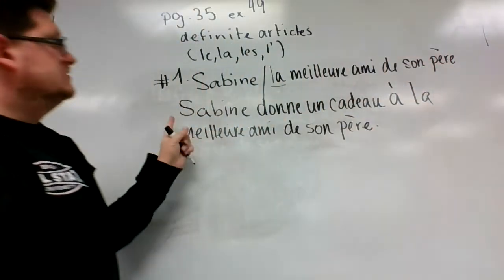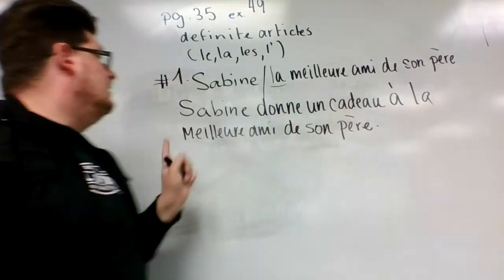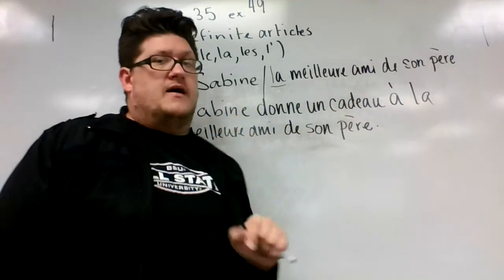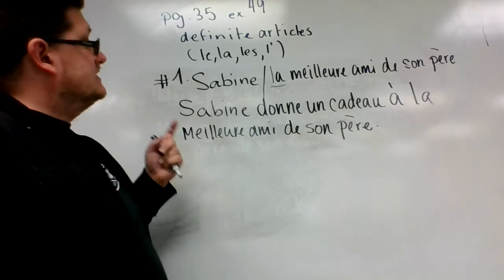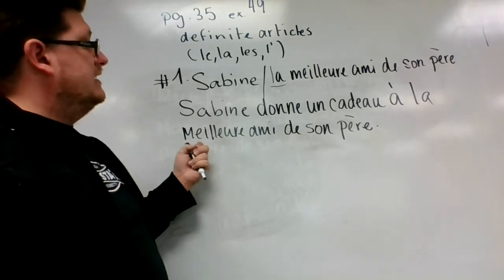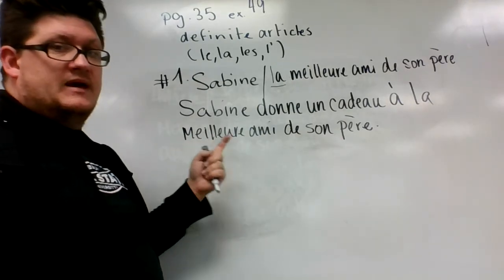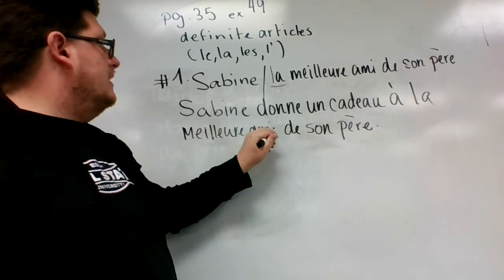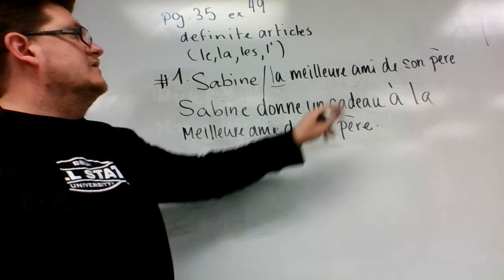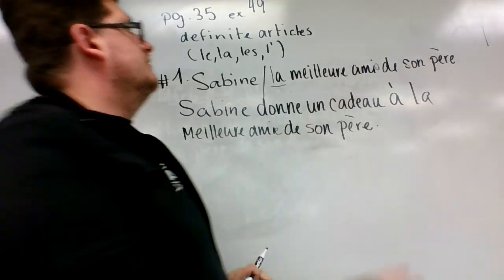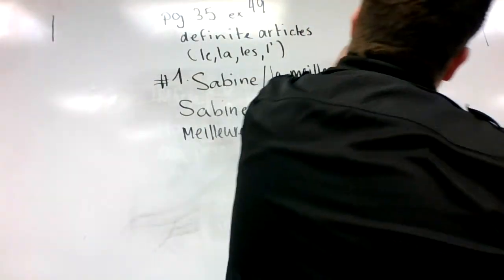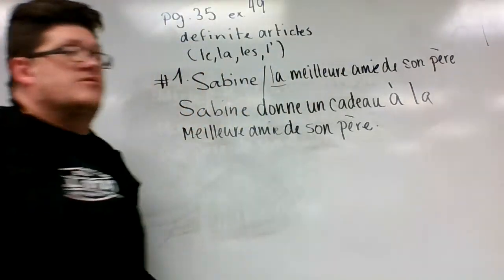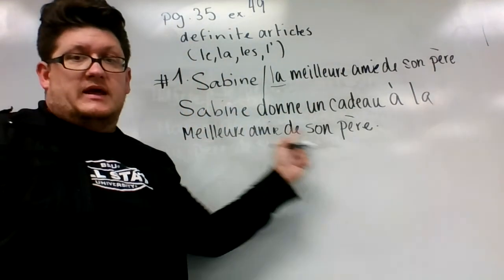So Sabine gives a gift to the best friend of her father. This sentence tells us that the best friend is female because we have la meilleure amie. Oops, I forgot my E on the end because it's feminine. Voilà. So that's your number 1. It should be like this.